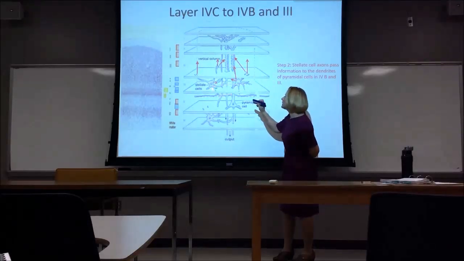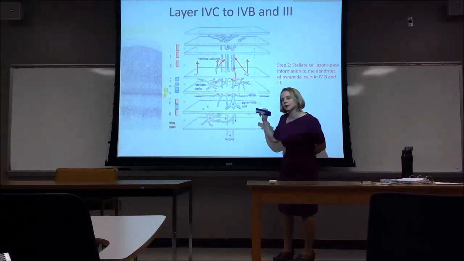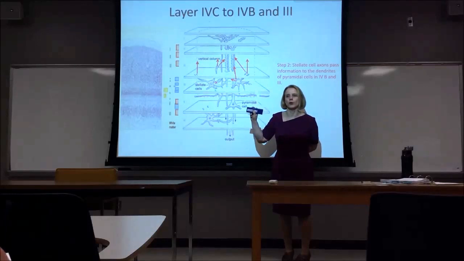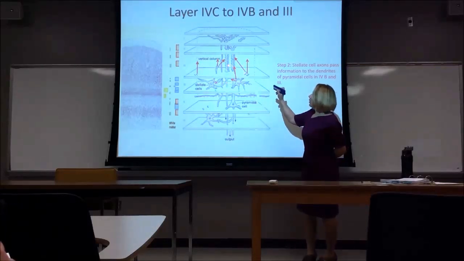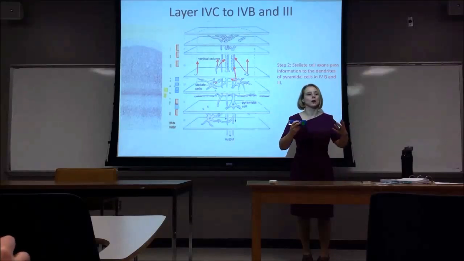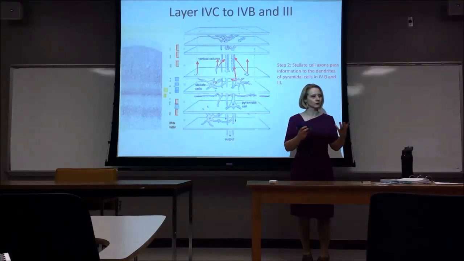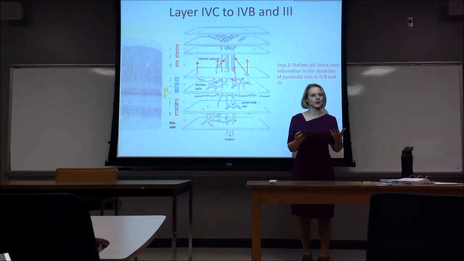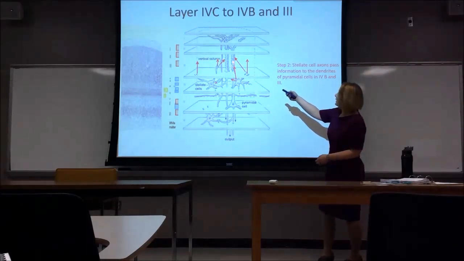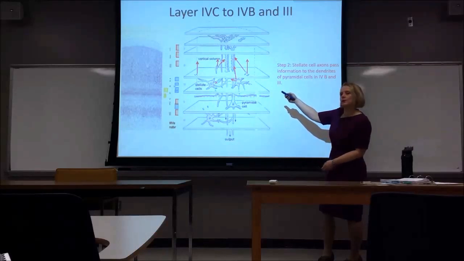So if 4C is receiving that visual information from the external world, and 3 is receiving our ongoing arousal at any moment in time from the thalamus, by the time this dendrite gets to here, it's got both types of information in there.